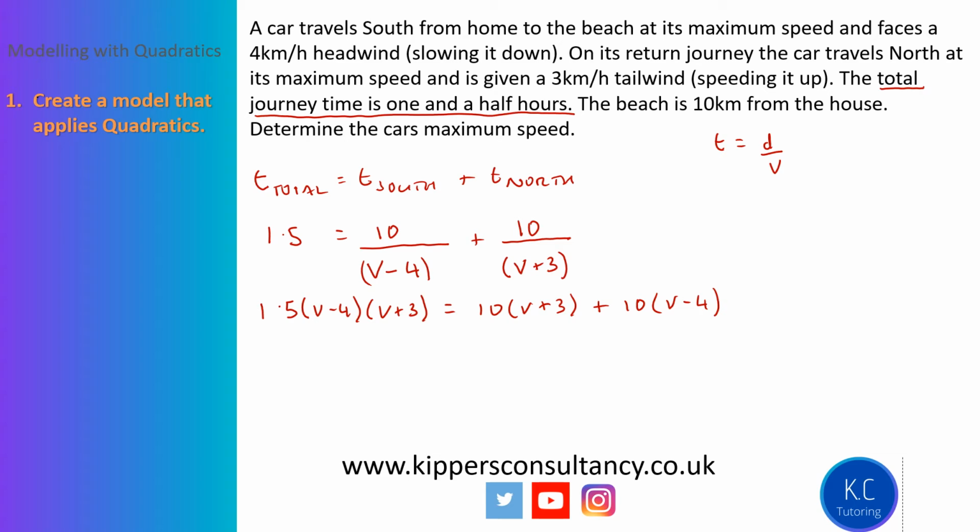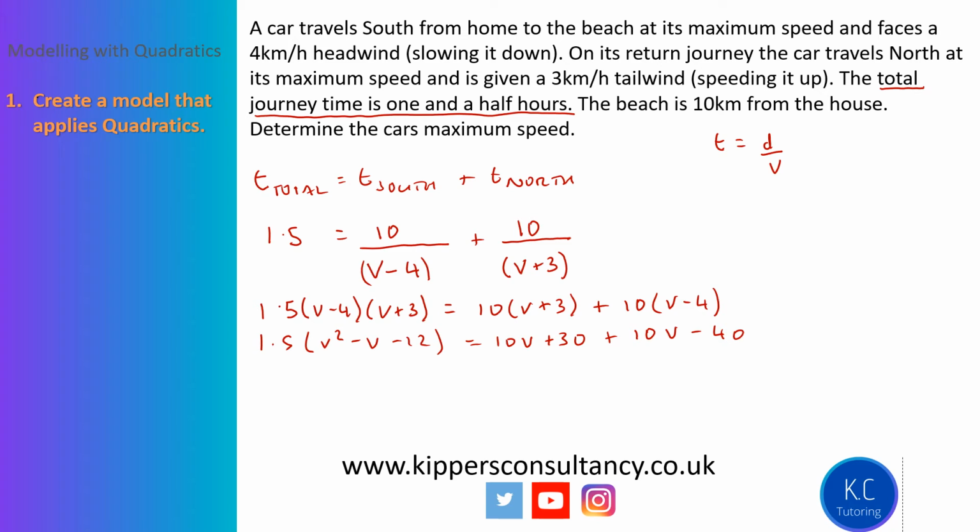We now need to get rid of all of the brackets, so we need to expand and simplify. This gives us 1.5(v squared minus v minus 12) equals 10v plus 30 plus 10v minus 40.